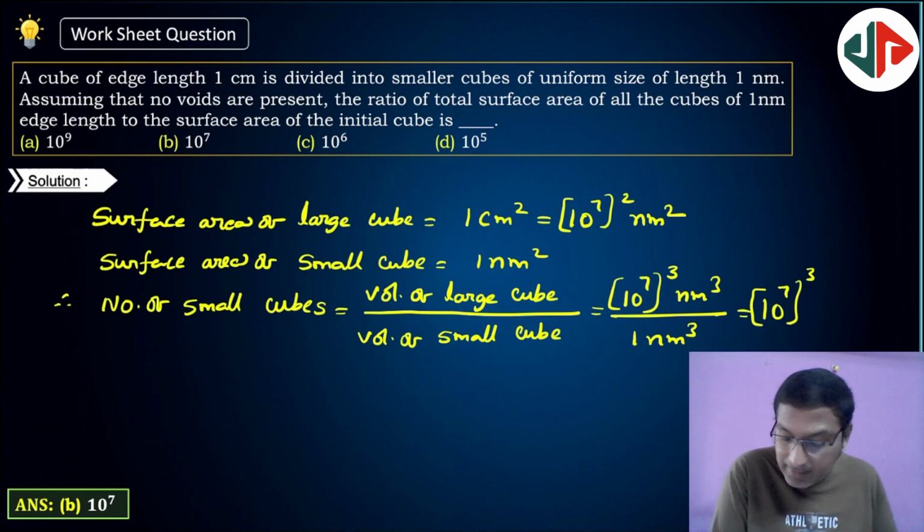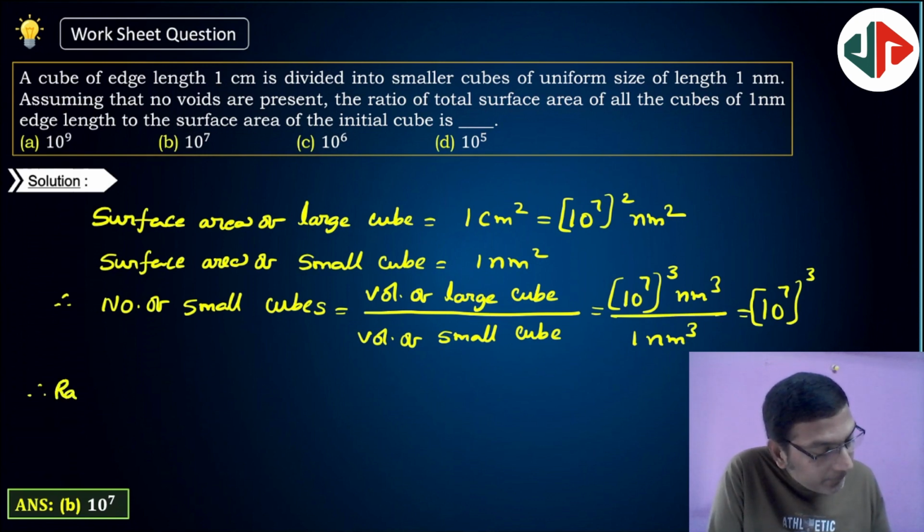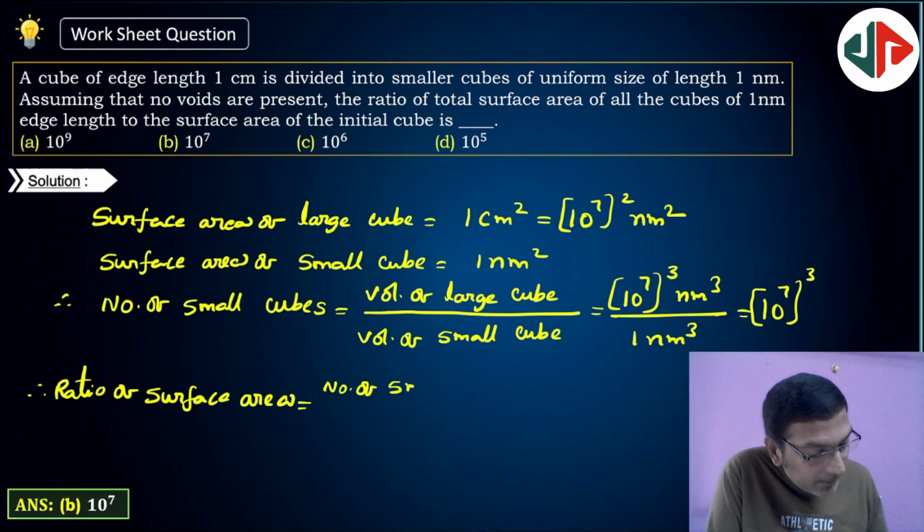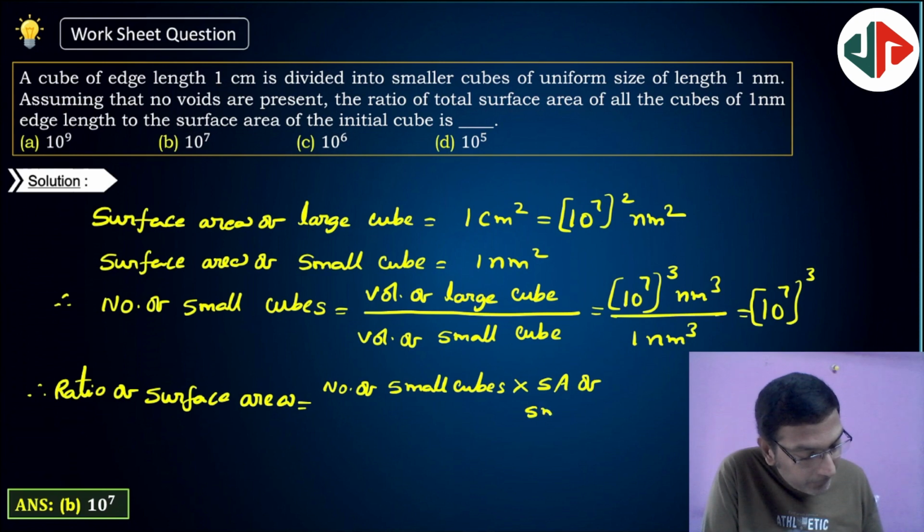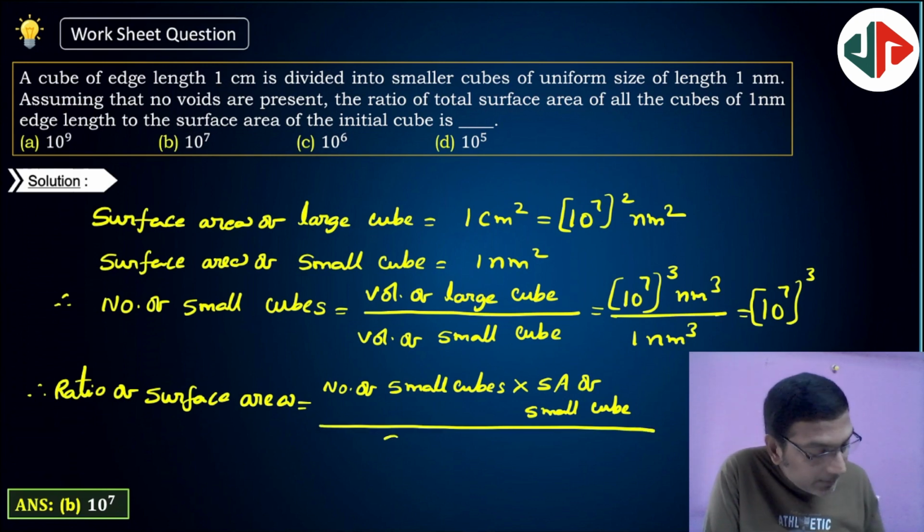Next, that means ratio of surface area equal to number of small cubes into surface area of small cube divided by surface area of large cube.